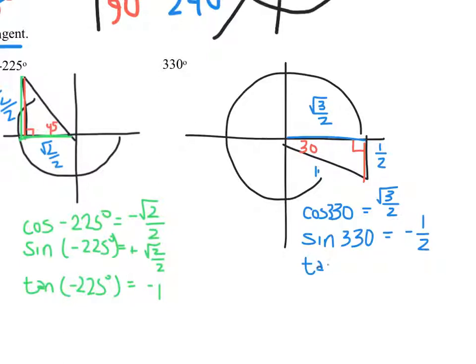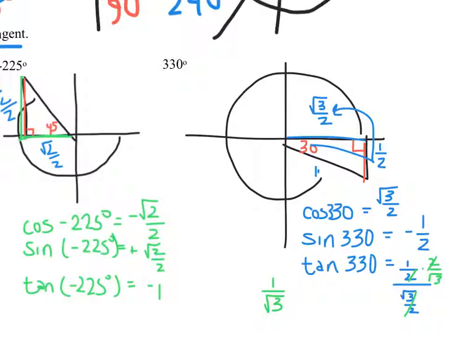And the tangent of 330 is going to be opposite over adjacent, or sine over cosine. So it's going to be 1/2 divided by root 3 over 2. So this is a complex fraction, so we can just multiply by 2 over root 3, which will give me 1 over root 3.